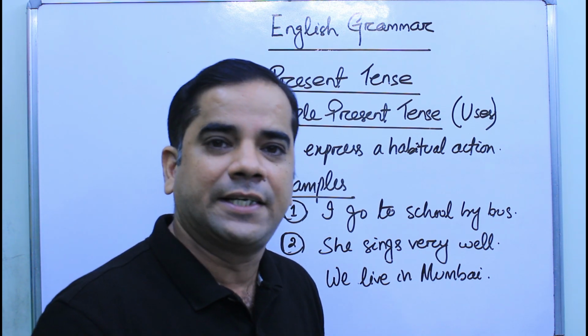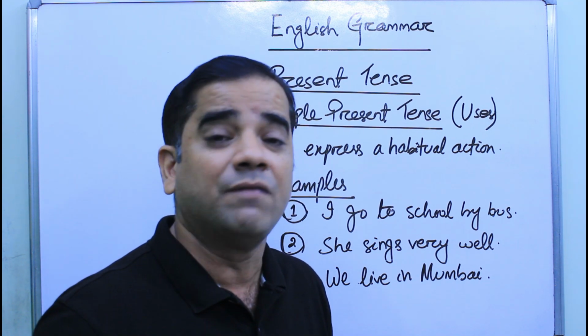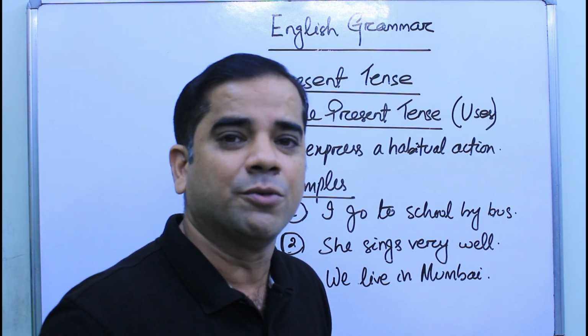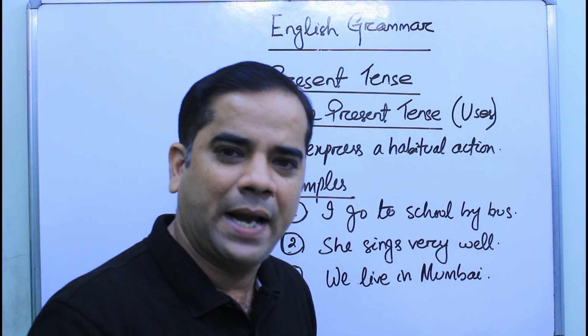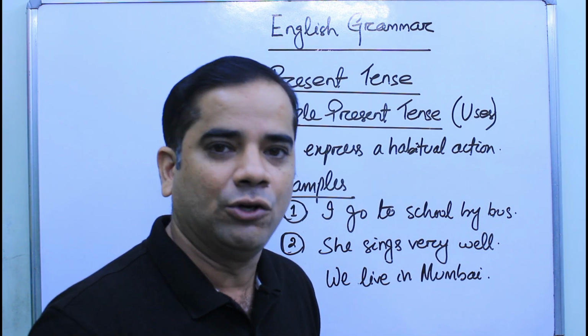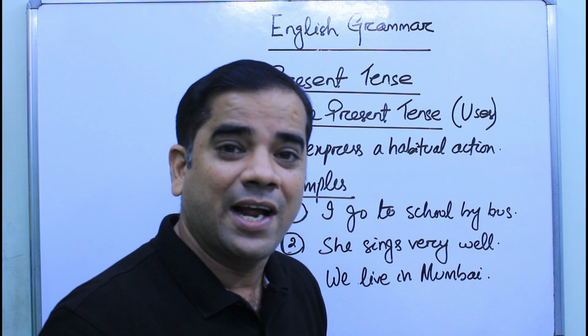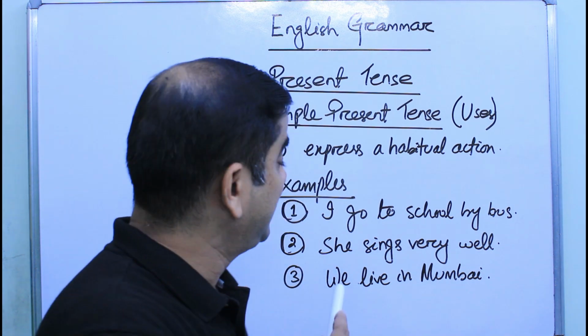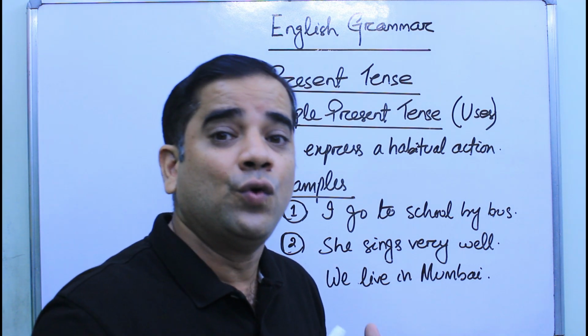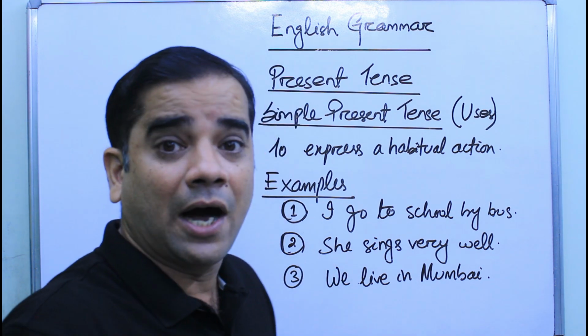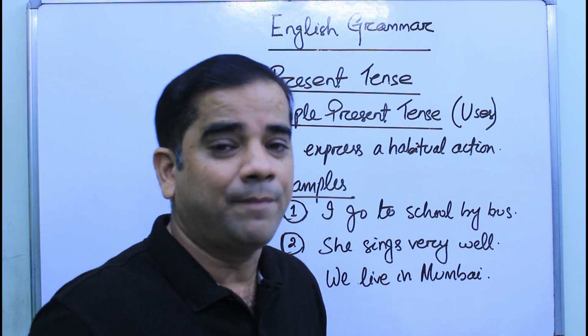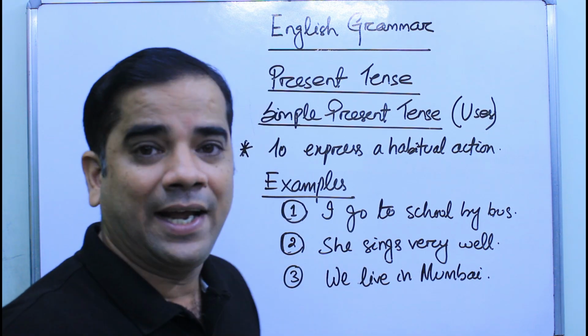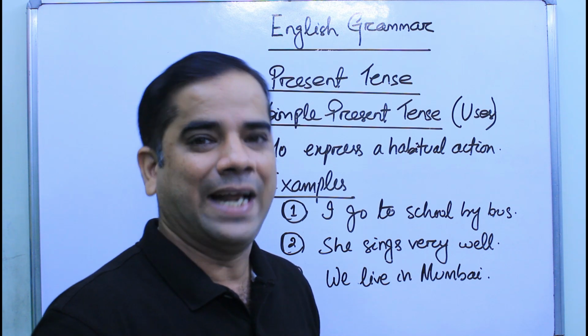We have already discussed verbs and helping verbs. Whosoever is new to my channel can go to my playlist and watch those videos, from which they will clearly understand verbs and helping verbs. So students, these are some of the sentences expressing a habit or a routine, so they all are in simple present tense.